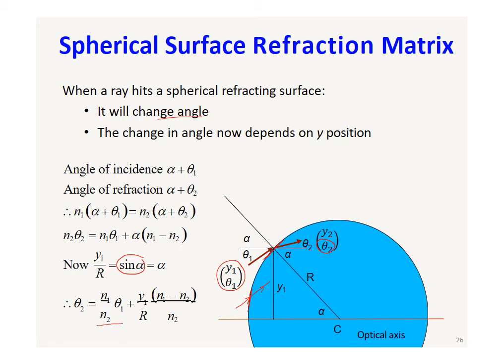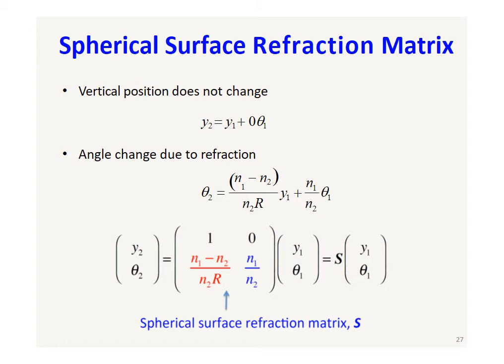But now we have this y-dependent term. And of course, as you'd hope, it also includes the radius of curvature, because that's going to make a difference to how much the light bends. So our spherical surface refraction matrix is recast down here, and we sometimes use the symbol S as a shorthand for it.